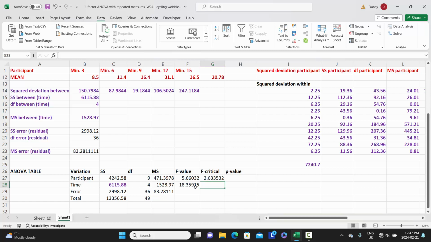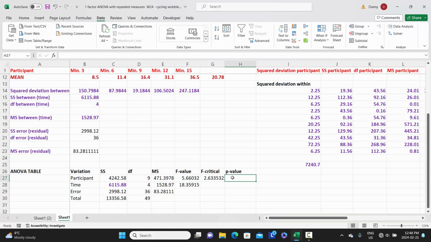So this tells us that across all the time points there's going to be a statistically significant difference. And the p-value is the actual type 1 error rate. Recall that we had preset the alpha level at 0.05, and that will correspond to an F value of 2.63, but our actual F value is much larger.